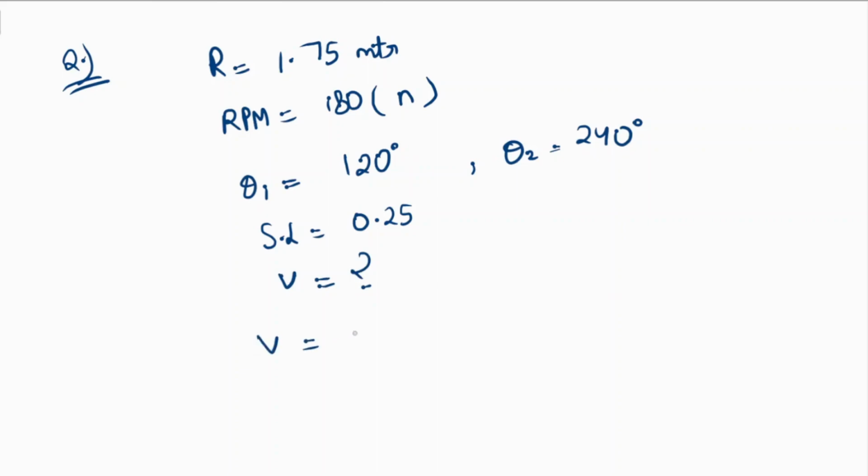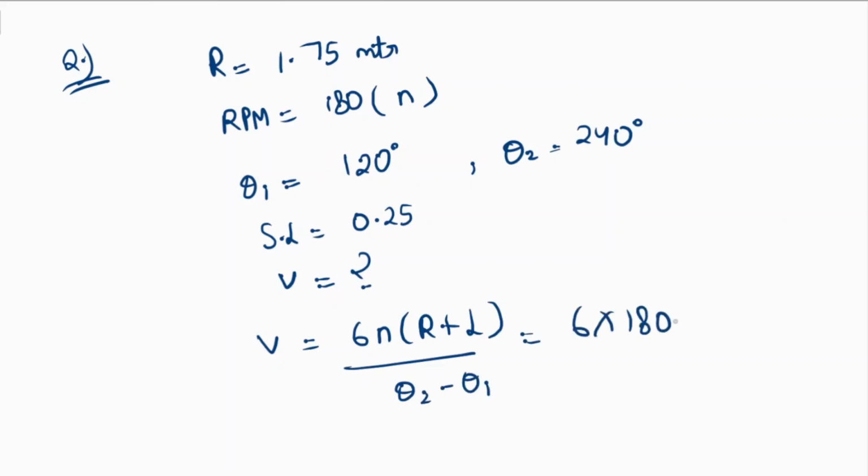So you know V is equal to 6n (R plus L) upon theta, where theta is theta 2 minus theta 1, always in degrees. So 6 into 180 into (0.25 plus 1.75), which is 2, upon theta 2 minus theta 1, which is 120 degree.